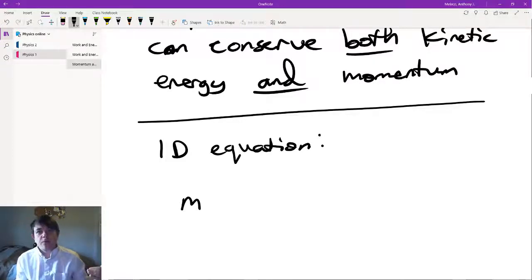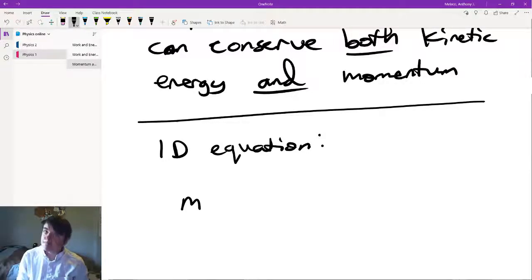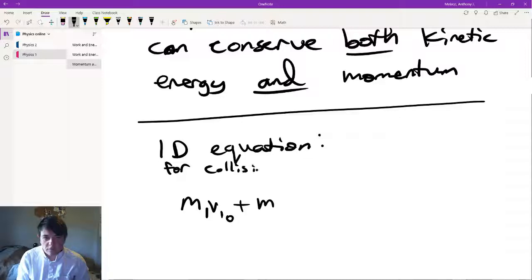So there's two types where we're basically going to examine balls just coming in and out. That's on a one-dimensional plane, fully in the x-axis. But there are also 2D problems. But because these are vectors, you can imagine they get complicated. So m1 v1 initial, this is the initial momentum of the first object. 1D equation for collisions.